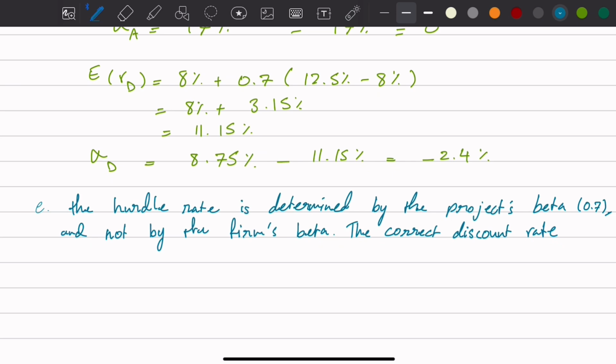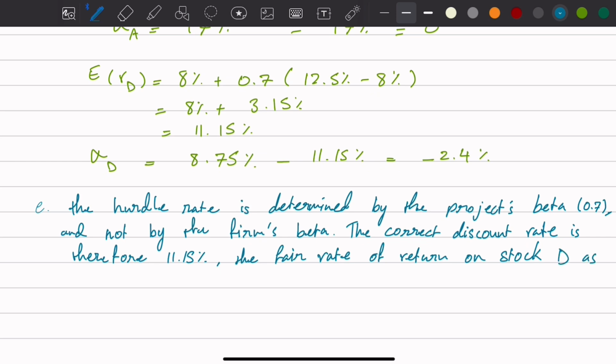Okay, so the correct discount rate is therefore 11.15%, which is the fair rate of return on stock D as predicted by the capital asset pricing model. All right, and that would be the answer to part E.